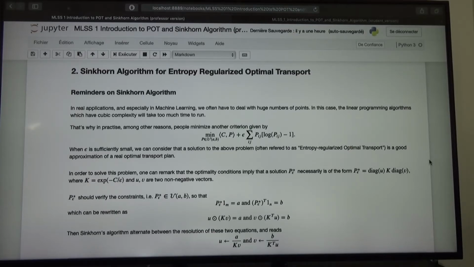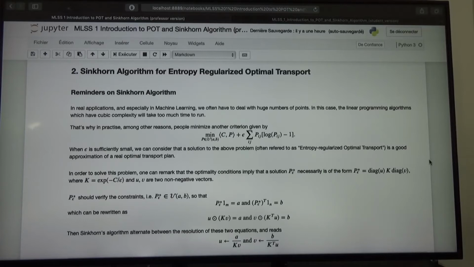that is optimal for this entropy regularized problem should have a special form: a diagonal matrix times a kernel K times a diagonal matrix. And this kernel K is just the exponential of minus your cost divided by epsilon. So this kernel matrix we know, and we only have to compute the entries on the diagonal matrices.